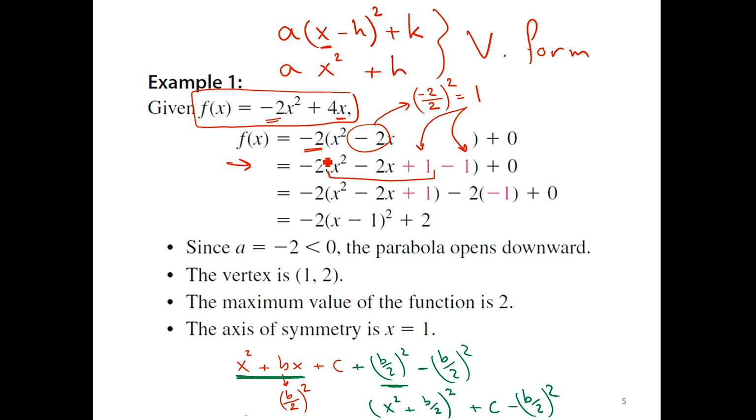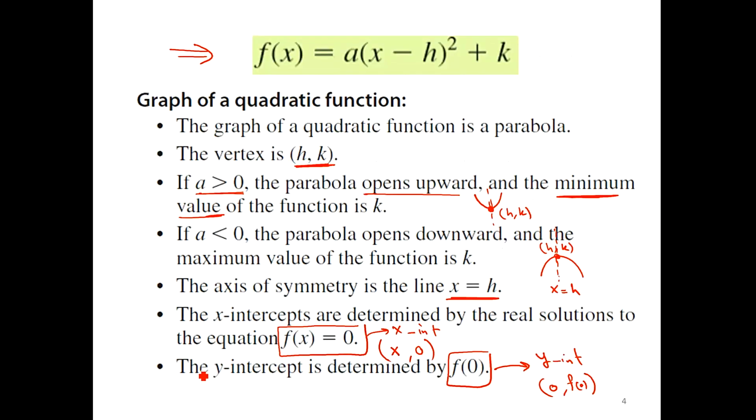But we need to find the negative 2 multiplied by negative 1, and this is put outside the brackets. Okay, no need for minus 1 inside the brackets. So we need minus 1 outside the brackets, but minus 1 multiplied by negative 2. So we have 2 here, sorry.